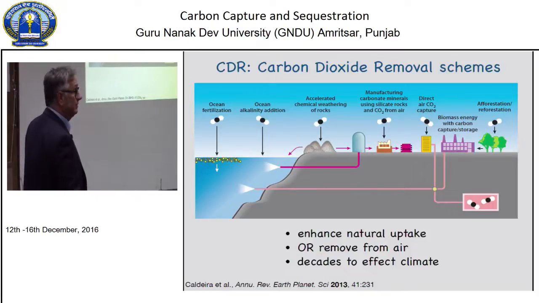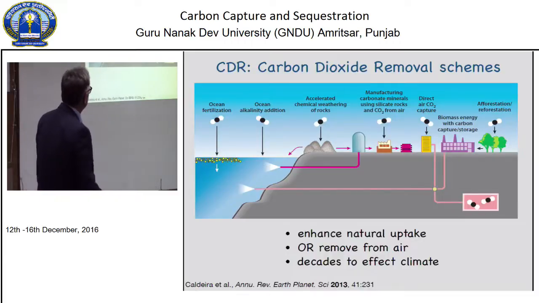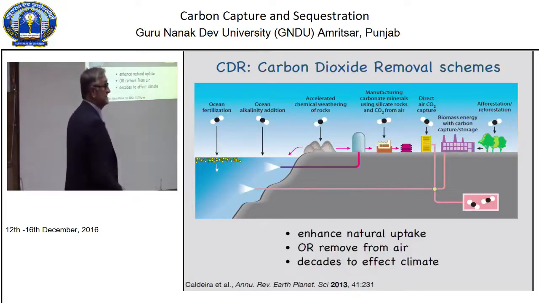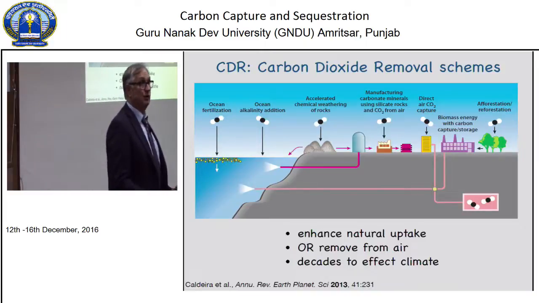So I'm growing trees, cutting them down, burning them for your power plant, but the CO2 goes underground. All the people who are really keen on this are really featuring BECCS. So we enhance the natural uptake one way or another, or remove it directly from air with our clever chemistry and chemical engineering. It will take decades to affect the climate because these are slow processes.